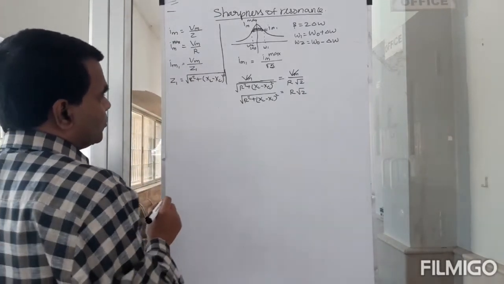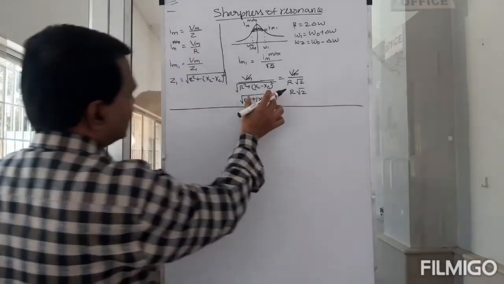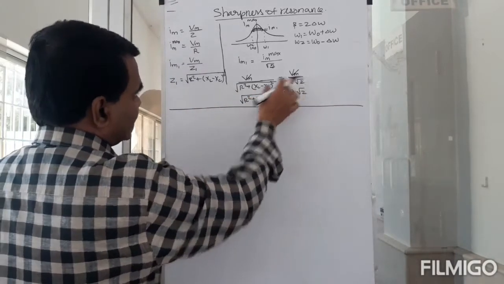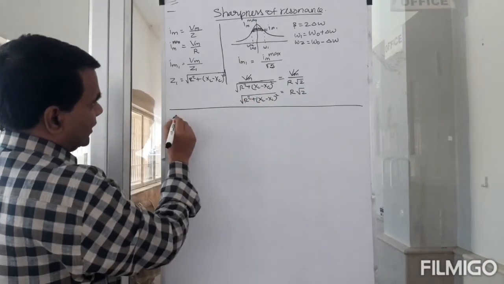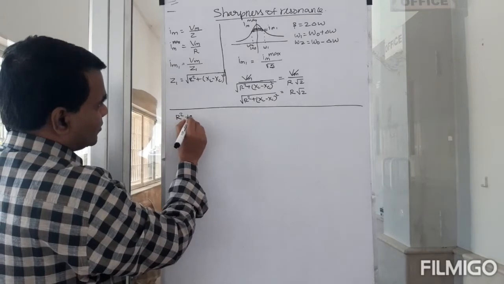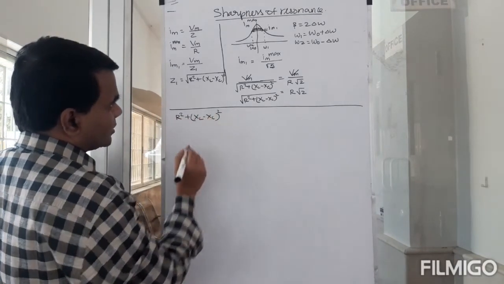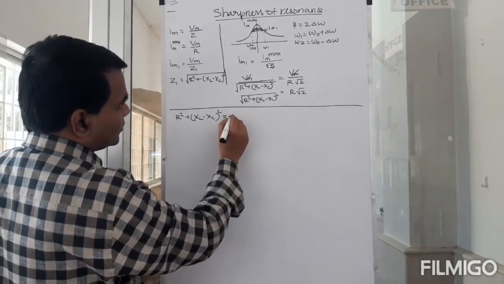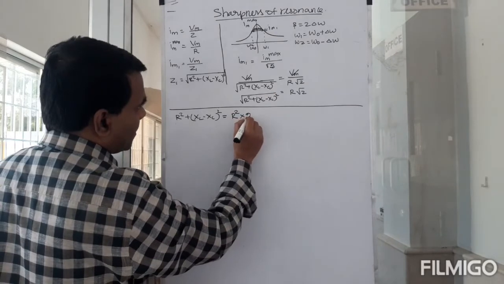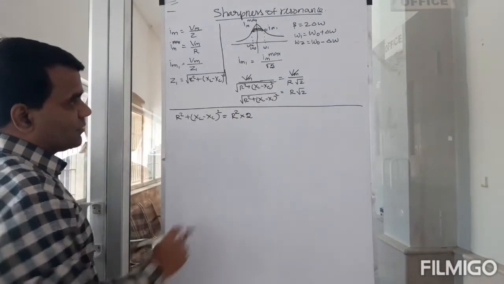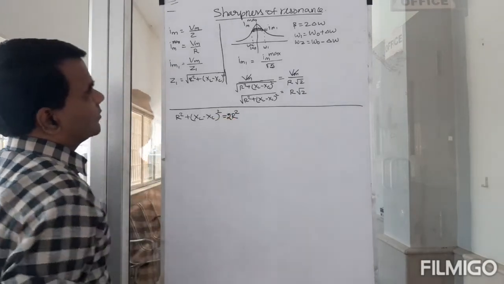Okay, so I'm going to square this. If I square this, I get R squared plus XL minus XC the whole square is equal to R squared into 2, so that is 2R squared.